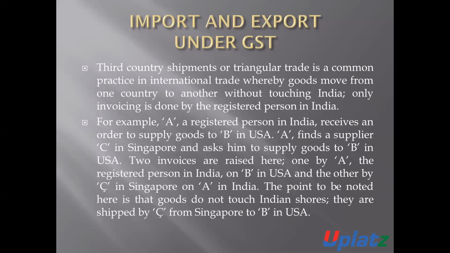In this case, the point to be noted is that such goods will be transferred from Singapore to the USA without touching India. These goods are shipped by sea from Singapore to B in the USA.